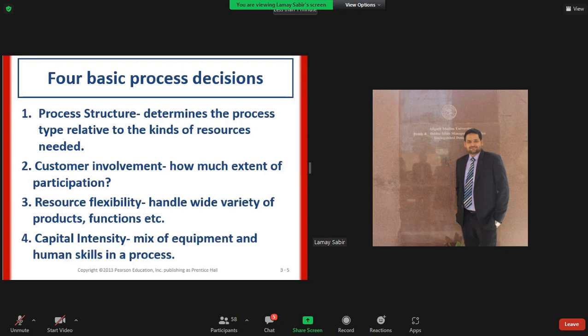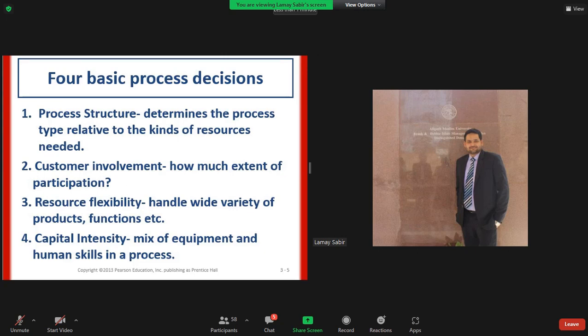So you need to be very sure how much the customer should be involved. You cannot involve the customer 100% because each and every customer has different needs. If you want to cater to each and every customer especially, that means you try to customize your product.